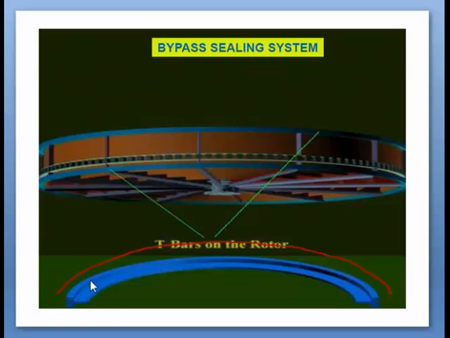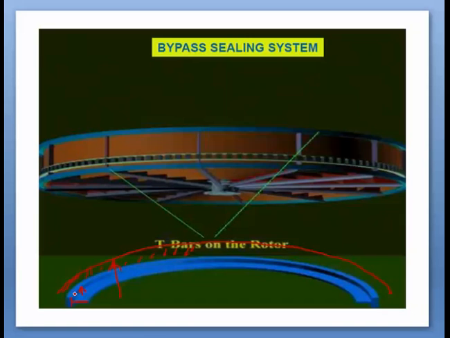So suppose this is our housing and this is the rotor, and in between there is a clearance for allowing the rotation of this rotor. If this projection were not provided in the shape of a T, you can see it is in the form of a T, then chances of escaping air and flue gas without coming in contact with the heat absorbing element will always be there, and that will drop the efficiency of the air preheater.